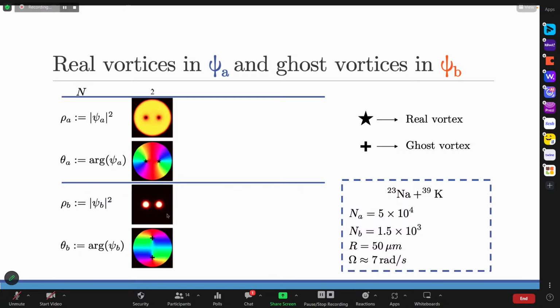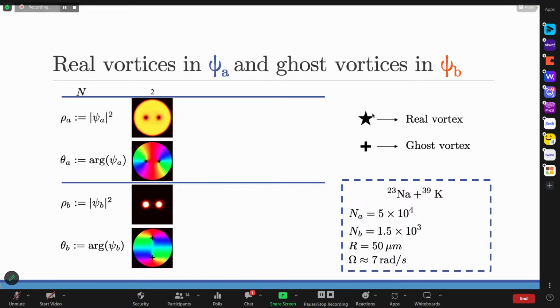The third row corresponds to the density associated to Psi-B, and the fourth row to the phase associated to Psi-B. And what we see is that Psi-A is characterized in general by n vortices. In this case, we have just two vortices, so two density depletions that come with a phase defect here.